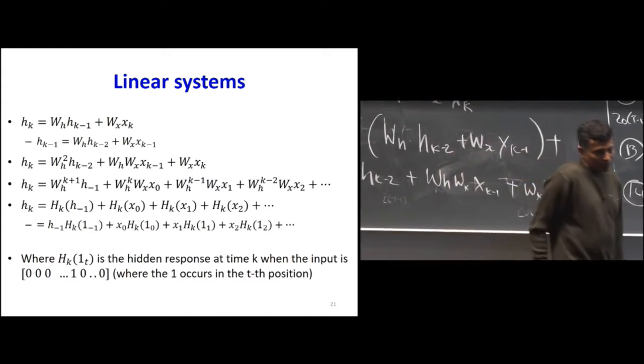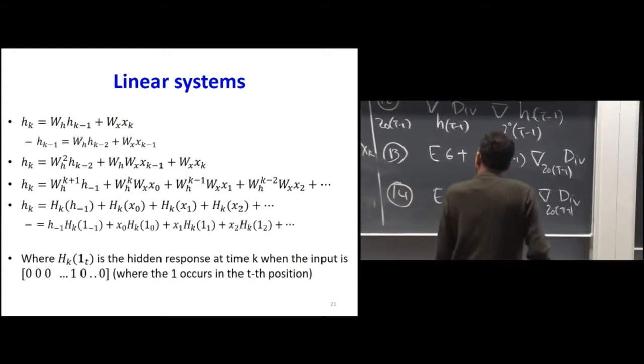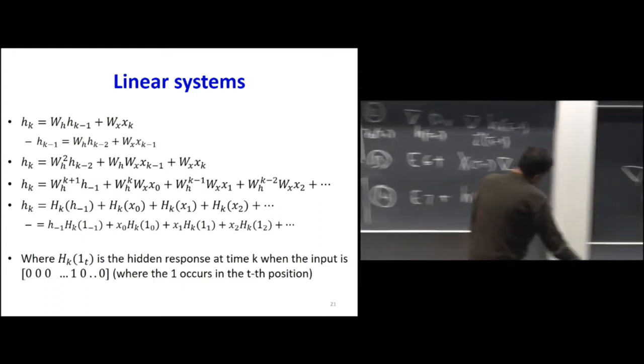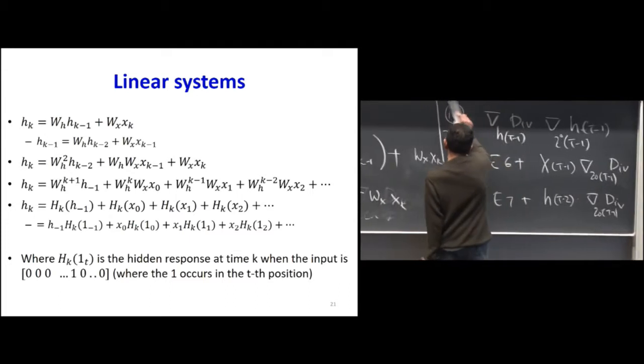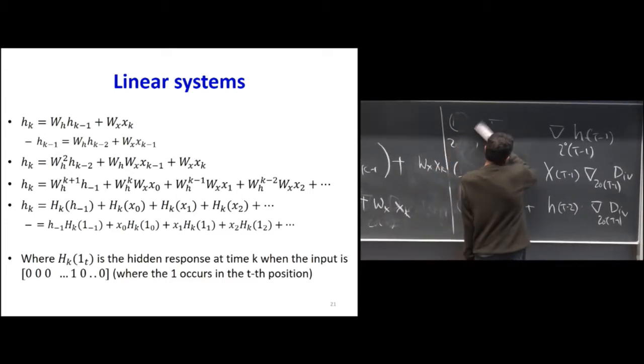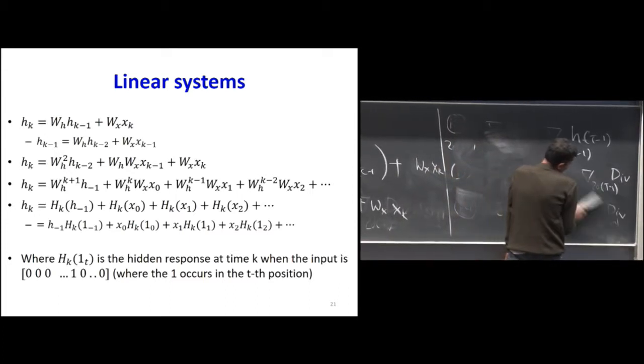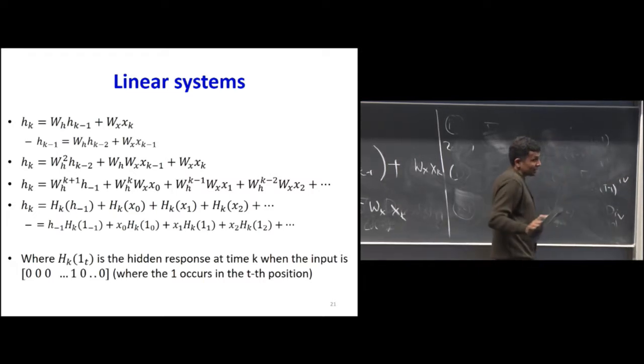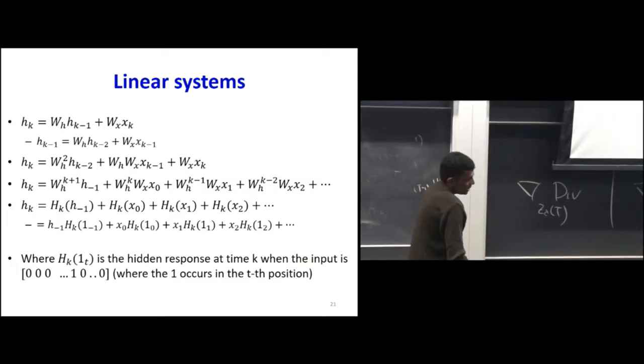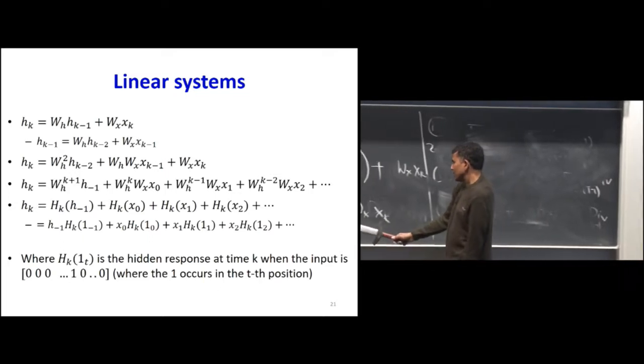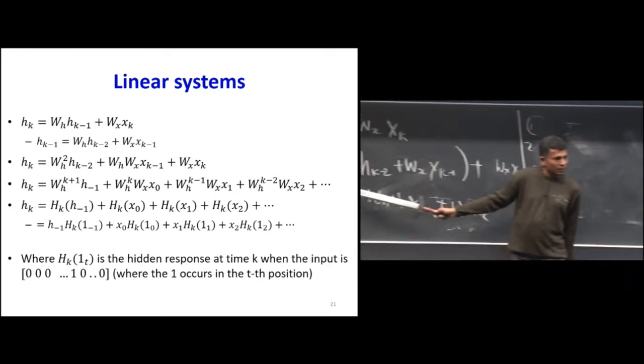Make sense? Right? I can go back and now write this in terms of hk minus 3. So I just have to plug in hk minus 3 over here, right?